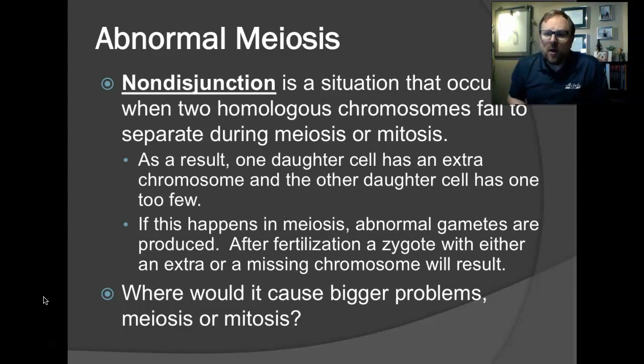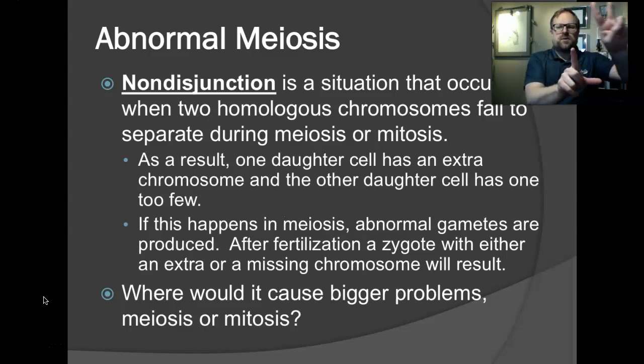In meiosis, what could end up happening is maybe when we've got our paired tetrads, both go to one side and nothing goes to the other side. Or maybe, in meiosis 2, we get both of these going to this side. These guys get separated, but both of these go to one side.